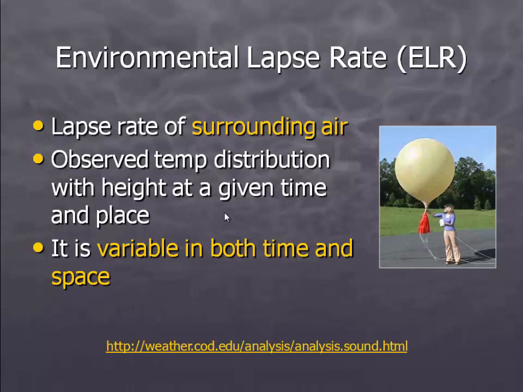DALR equals 10 degrees C per 1 kilometer. SALR equals 5 degrees C per 1 kilometer. And then this new one, the ELR, the environmental lapse rate, equals question mark. Okay, question mark. We don't necessarily know what the environmental lapse rate is.